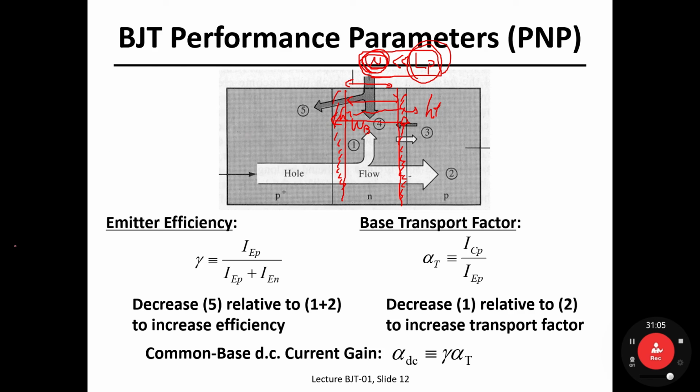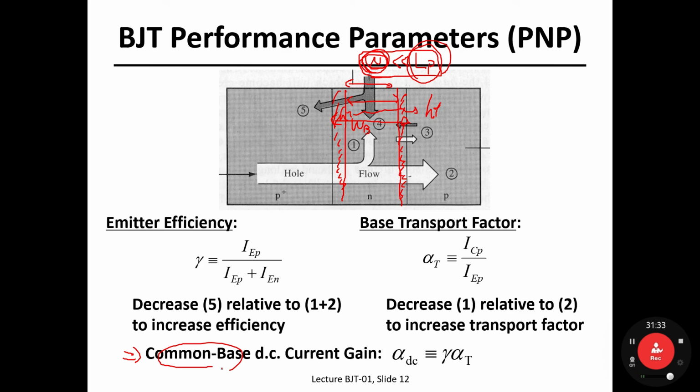All right, now let's take a look at the last line in this movie clip. Common base DC current gain. We have already reviewed the three different configurations in BJT: common emitter, common base, and common collector. Herein I have used the common base. So the base electrode has been used as a common node for what?